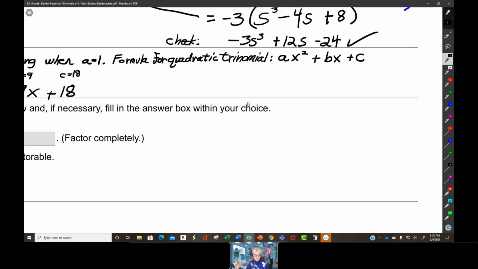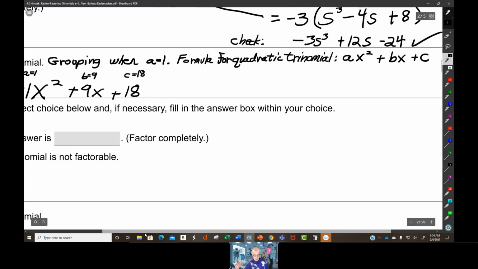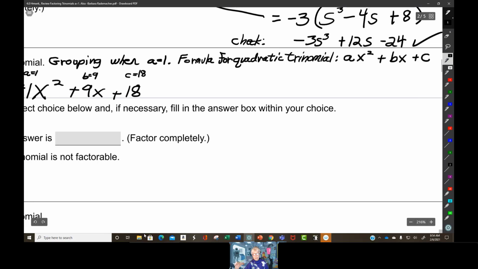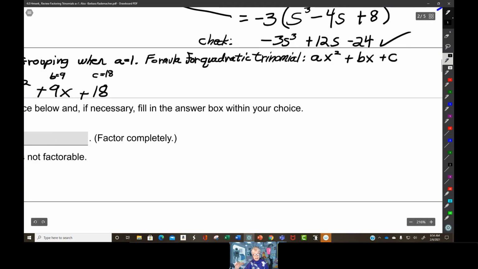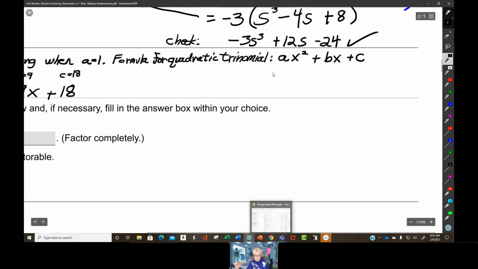Okay. I'm going to write it down here so I have room to move down. So it's 1x squared plus 9x plus 18. And what this is going to equal.